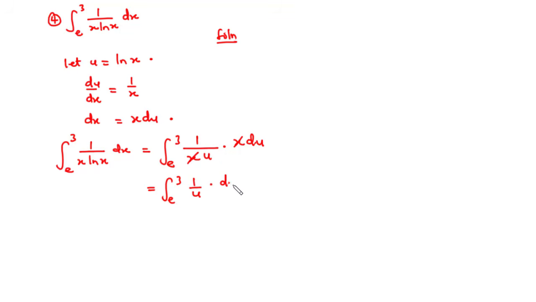times du. Remember that the lower and upper limits are all values of x, so we need to find the values of u. So for u equals ln of x, when x is equal to 3, we have u to be equal to ln of 3, and that is equal to 1.0986.